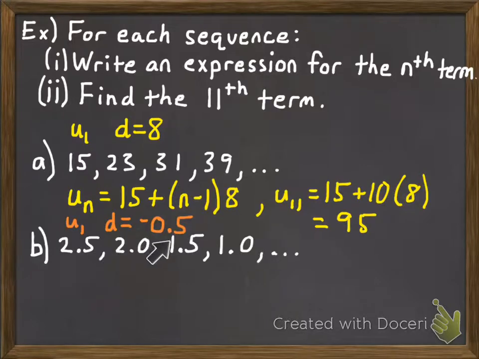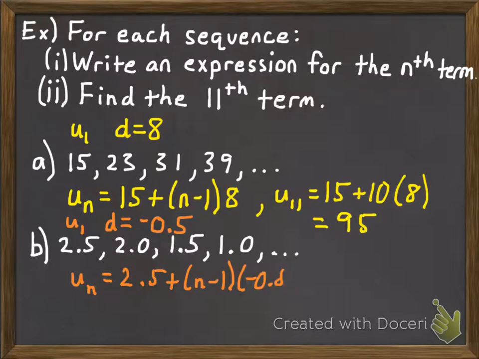Now remember that the common difference here, from when we saw this a few slides back, was negative 0.5, and the first term is 2.5, so the nth term expression is going to be 2.5 plus n minus 1 times the common difference, which is negative 0.5. Well, that kind of looks like an 8, doesn't it? Negative 0, that still looks like an 8, darn. Hey, I think I got a 5 there. All right, excellent.